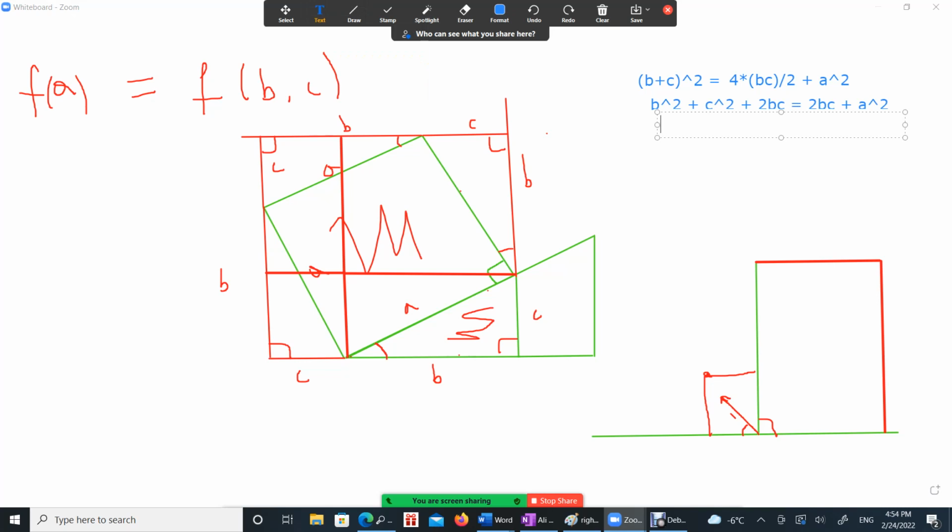So we have BC at both sides of the equation, and the thing we obtain is a relationship between B, C, and A, the sides of the right triangle, which have their geometric significance over here, like B squared, C squared, and A squared, as we alluded to earlier.